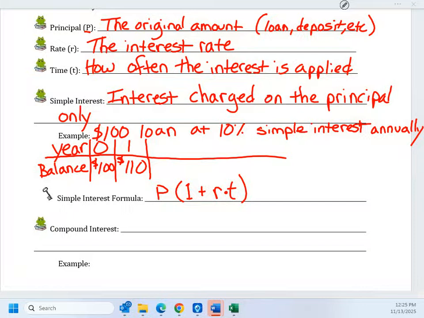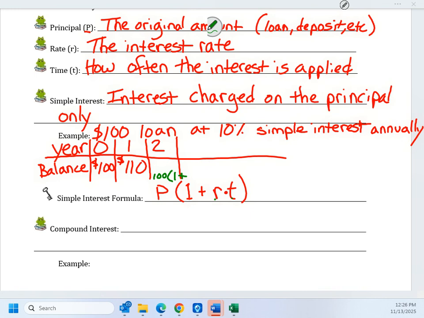On year 2, with the simple interest, because we're using something simple like that 10%, we might be able to find out what that is, but we're going to try using our formula here. Our principal amount was 100, so we would do 100 times 1 plus our rate times our time.